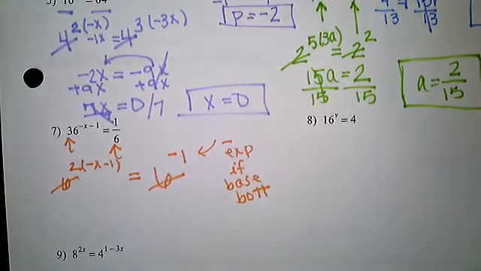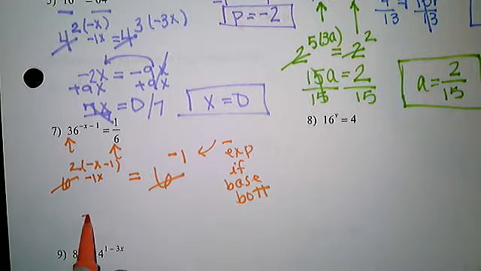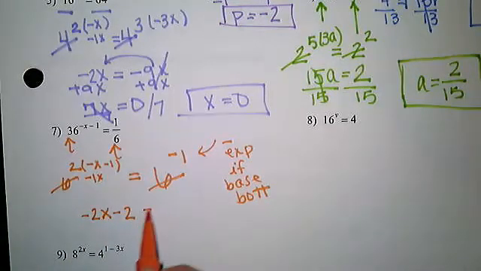So we'll go ahead and set our exponents equal. And we'll distribute our 2. So we'll have our -1x, so -2x minus 2 equals -1.